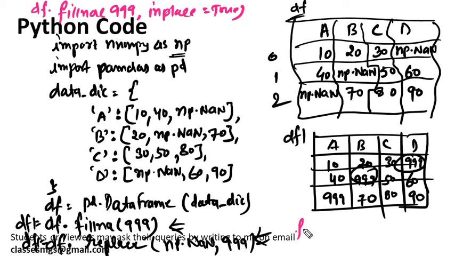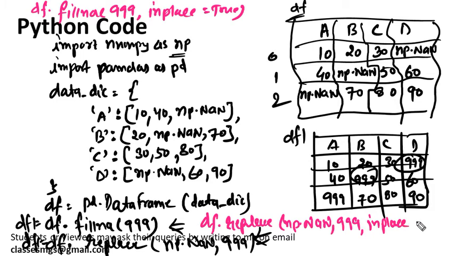And if you want to use it with the replace method, you may also pass the same argument: df.replace, replacing np.nan with 999, and you pass inplace equals True.